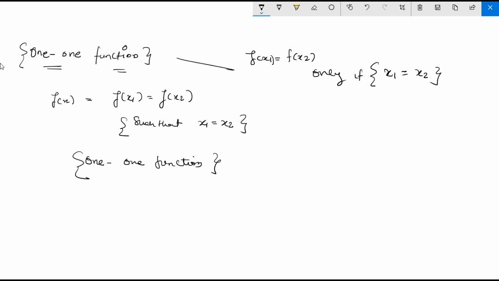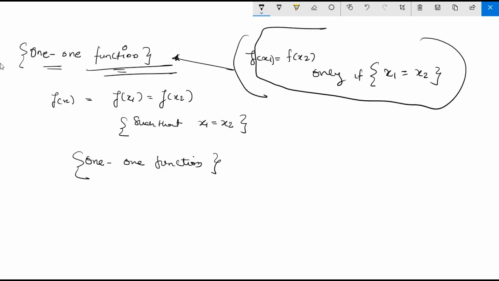Then such a function is, in this case, a 1-1 function.